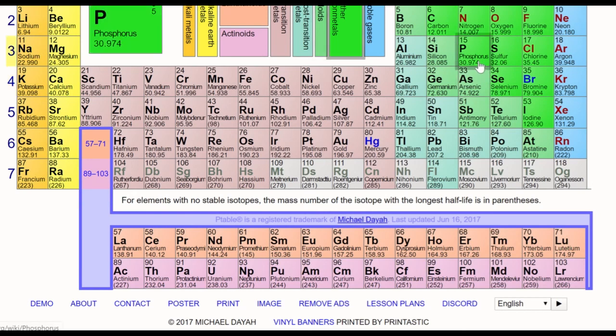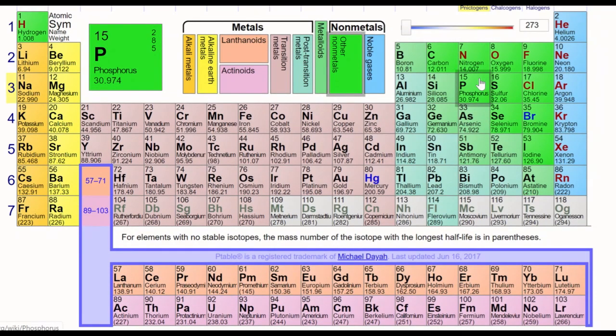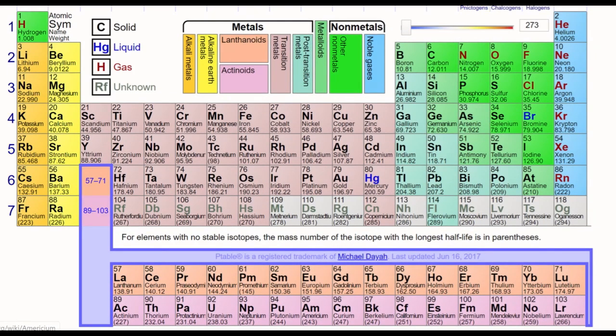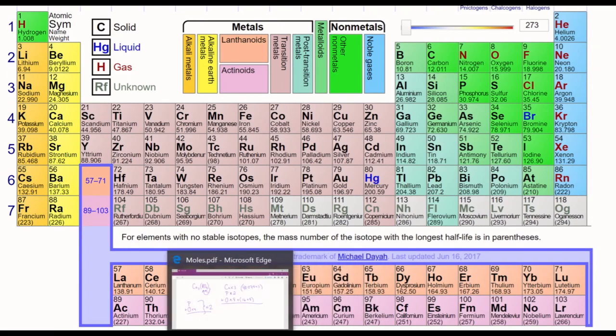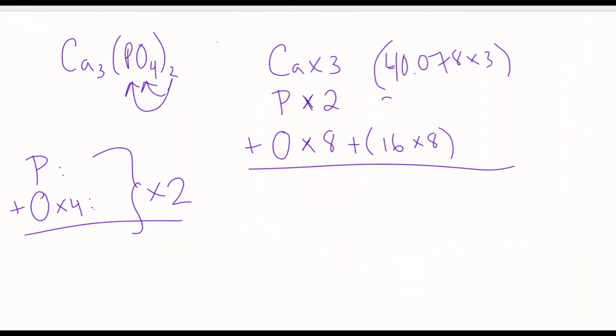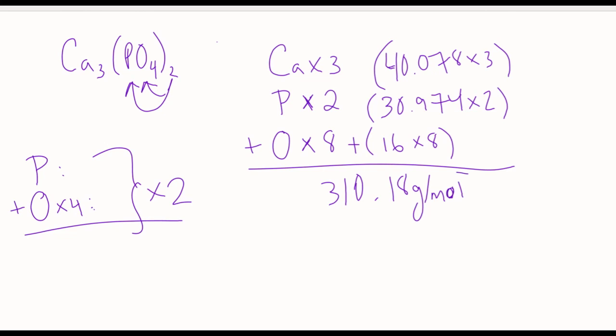And then the last one would be phosphorus, which is 30.974. We're going to multiply that by 2. Again, I'm putting all these in parentheses so that the algebra really stays together. And then we're just going to add all these different things together. Our final answer is 310.18 grams per mole.